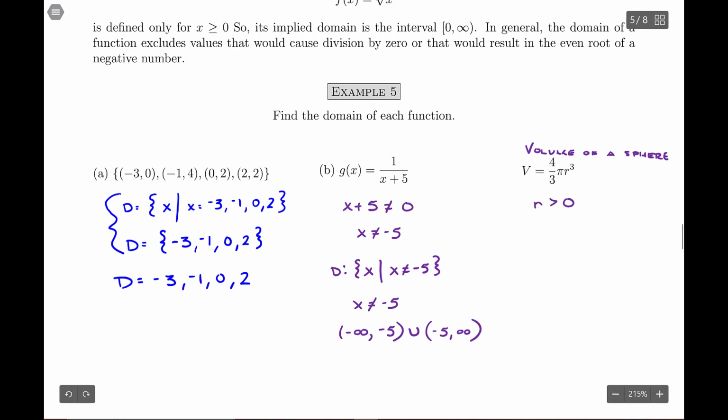It's going to be all r greater than 0. In set notation, we would have r such that r is greater than 0. Interval notation would be 0 to positive infinity. So whichever notation you prefer, go ahead and use that.